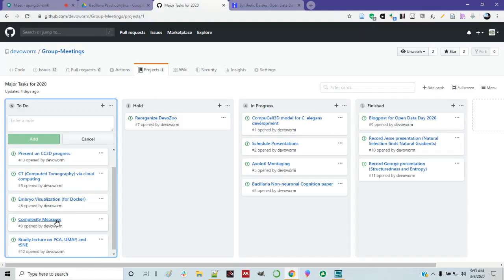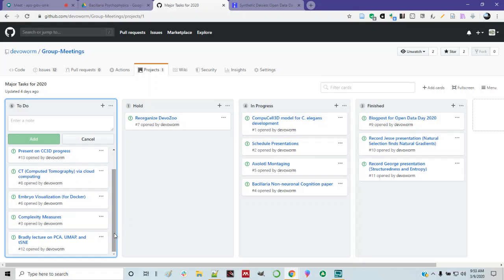Then the complexity measures, which is something that I think we talked about briefly, and I don't remember where we stood on that, but that's an open issue. And then I'm thinking of giving a lecture on the differences between PCA, UMAP, and TSNE. These are methods for multidimensional representation.